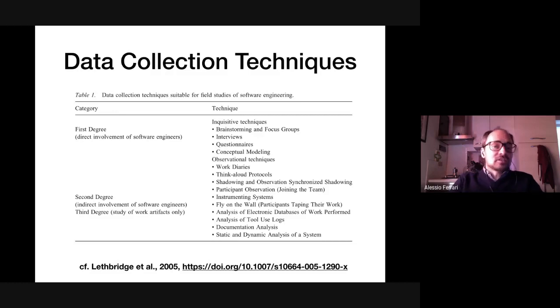The third degree techniques are the ones in which I study just the artifacts. I don't involve people. I may care about them, but the traces that people leave in the system are the only thing that is relevant to me. And in this case, I can avoid the interaction with the actual subjects, who are in general developers.